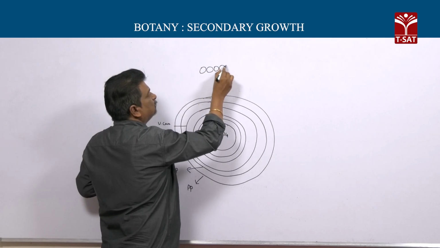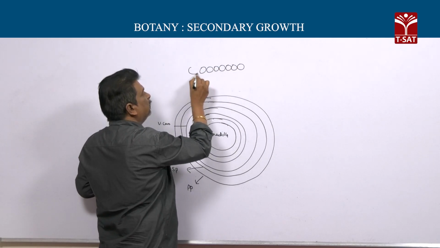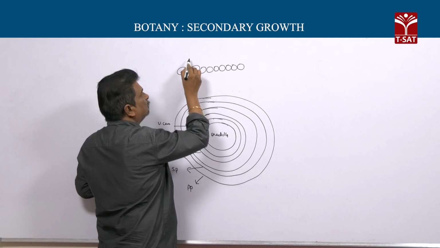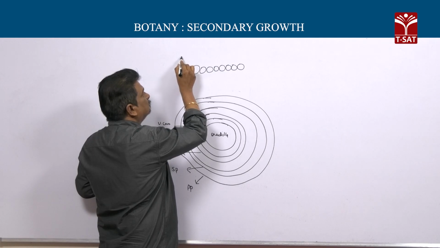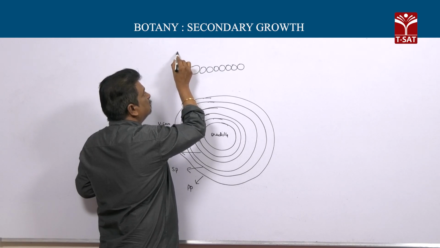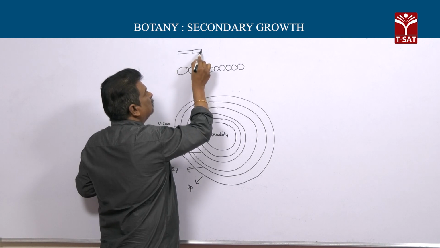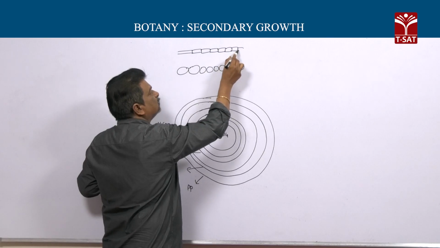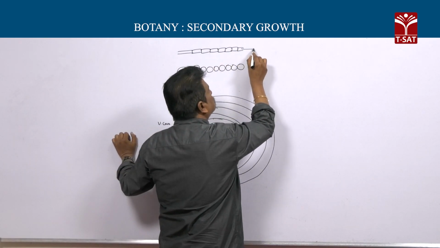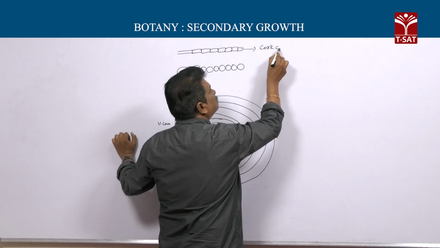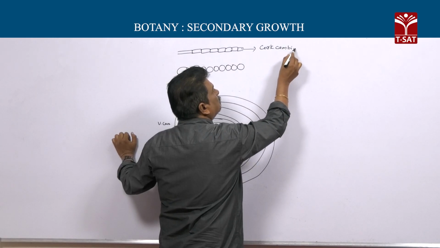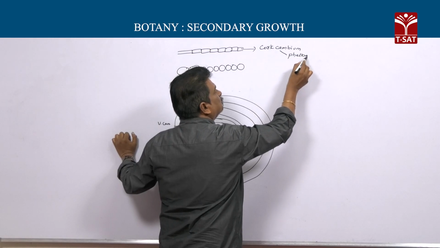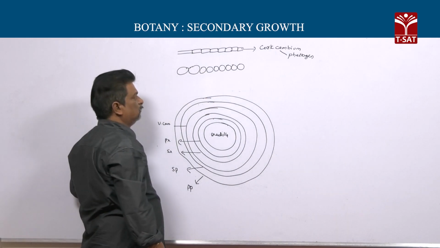But there is the primary cortex. In most cases, this primary cortex undergoes dedifferentiation and produces cork cambium. This cork cambium is also called phellogen.